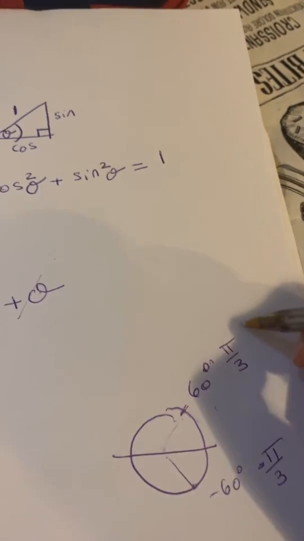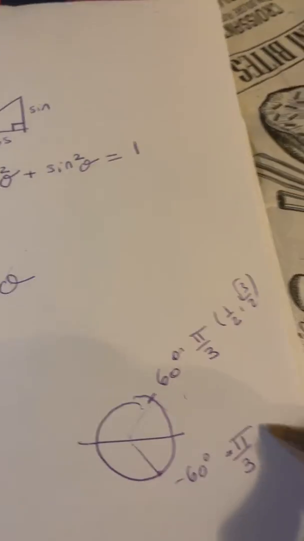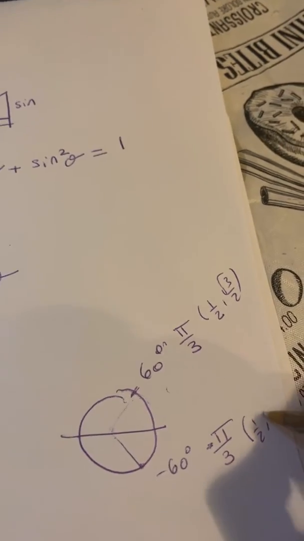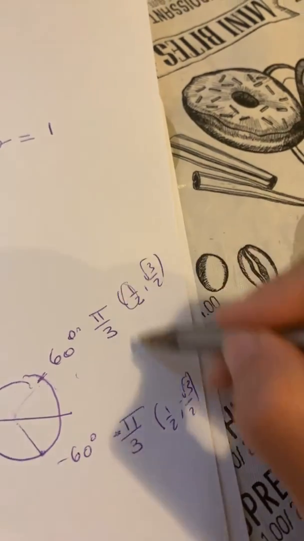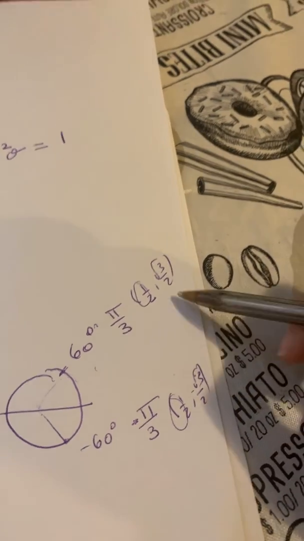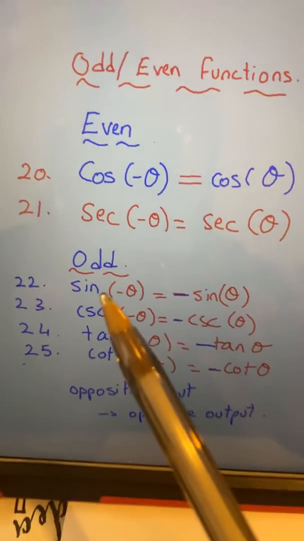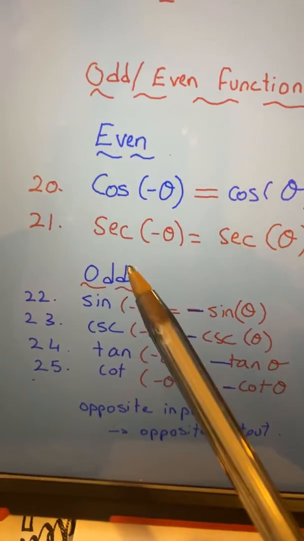If you do the coordinates of these, it's one half, square root of 3 over 2, and this is one half and negative square root of 3 over 2. So you see, the cosine stays the same, but what happens to the sine is opposite. That's why we say the cosine is an even function and the sine is an odd function.